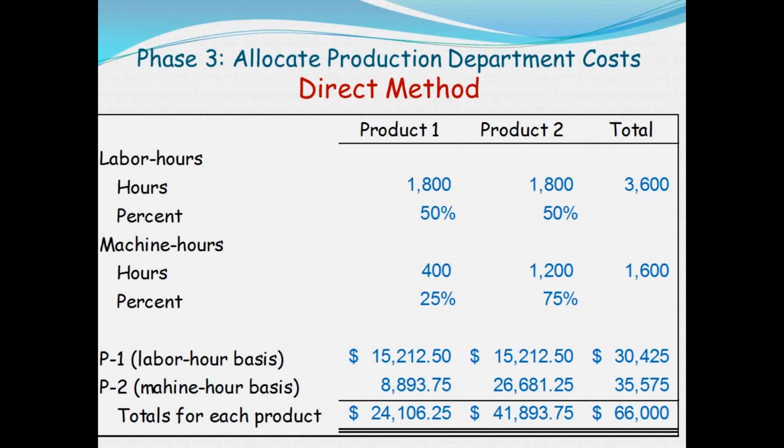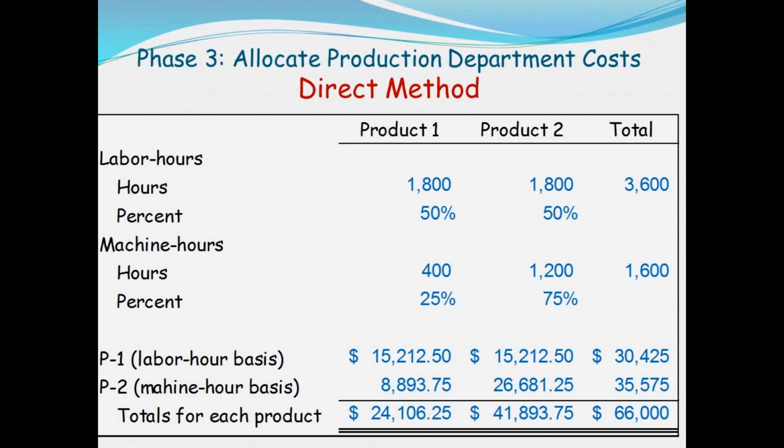We know the labor hours were 50/50. Machine hours were 25/75. Production Department 1 went by labor hours, and Production Department 2 went by machine hours.